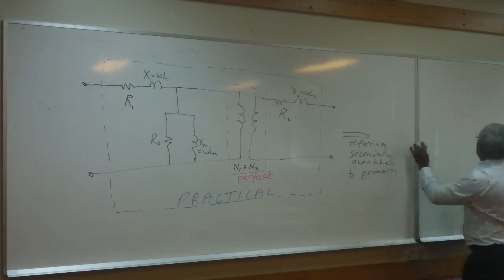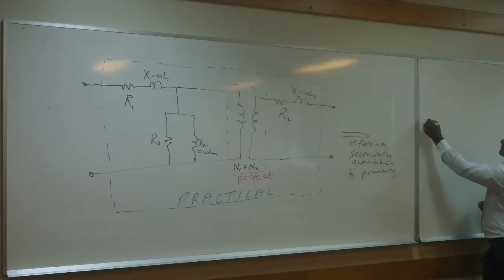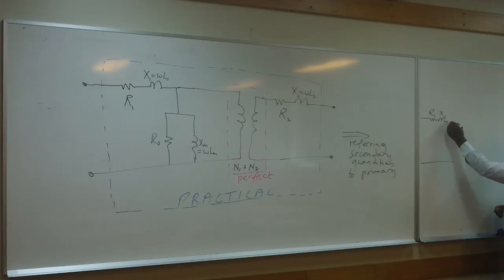If you do that, you will get a simpler diagram, looking simpler, as I said before. So this is R1, X1, R0, X0, and I have to go small here, unfortunately.